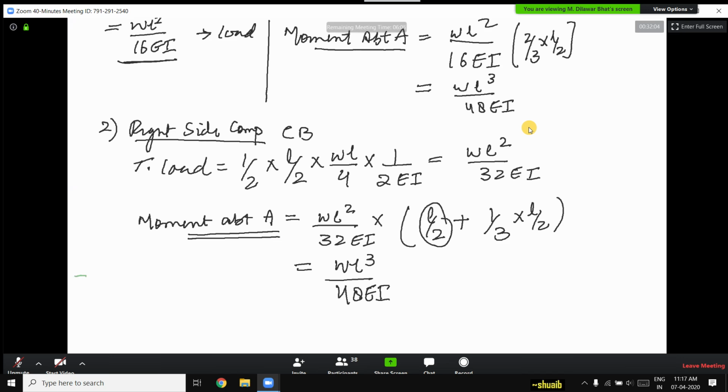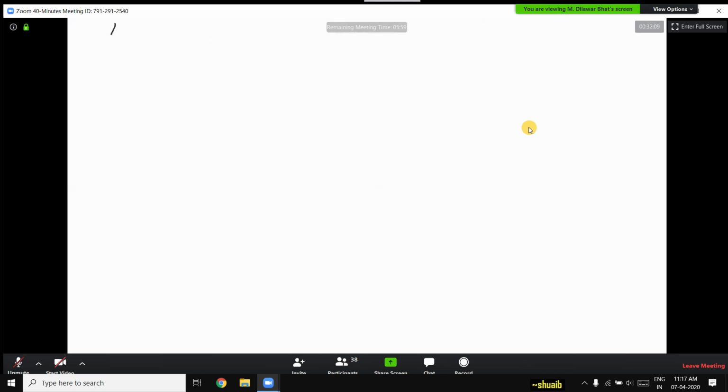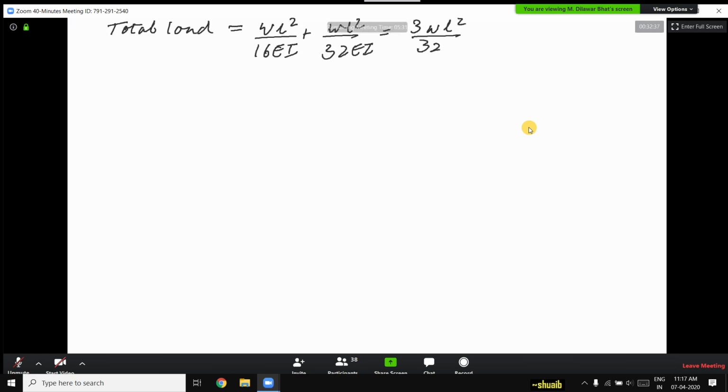Now, as you already know, how much will be the total load for the left side compartment and right side compartment? That is equal to WL square by 16 EI, and another was WL square by 32 EI, which comes out to be 3 times WL square by 32 EI.